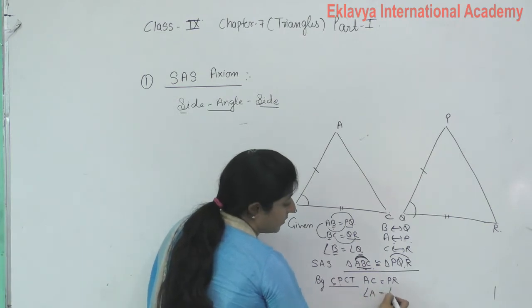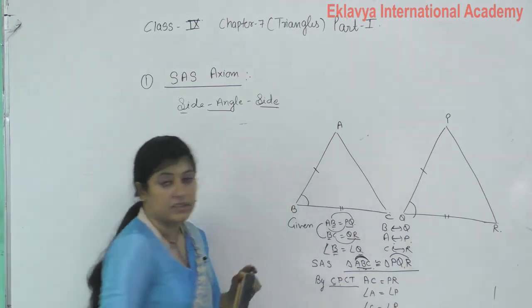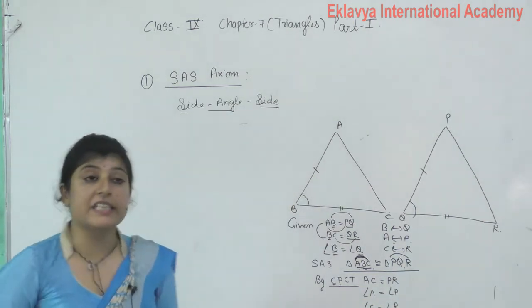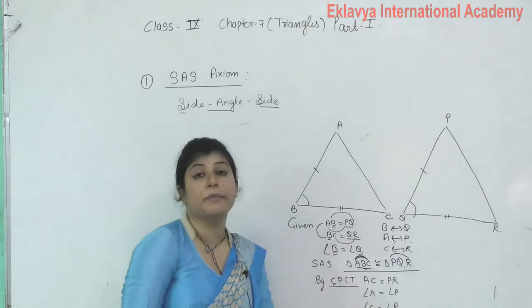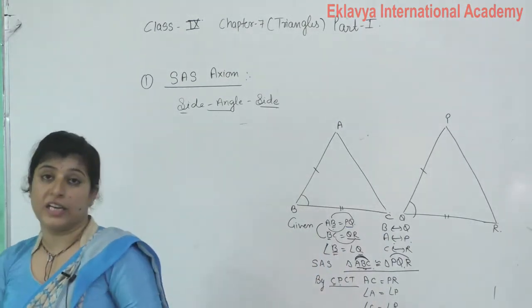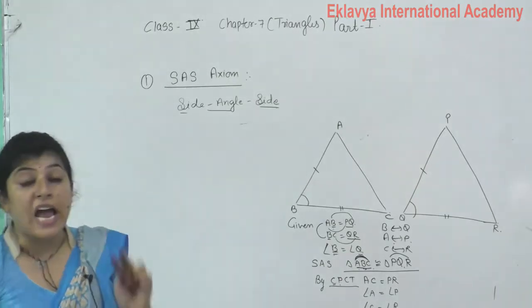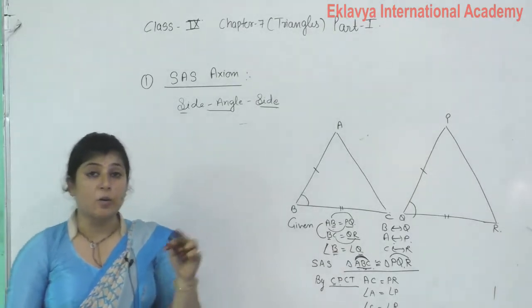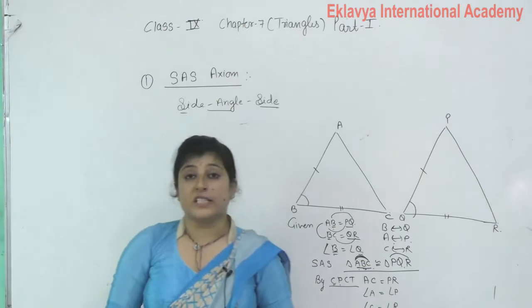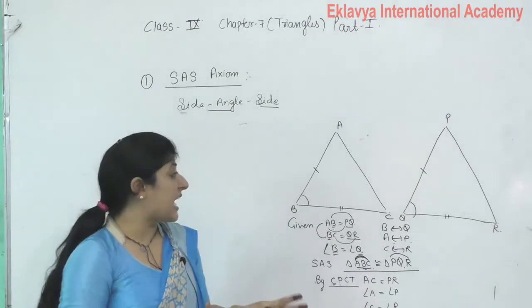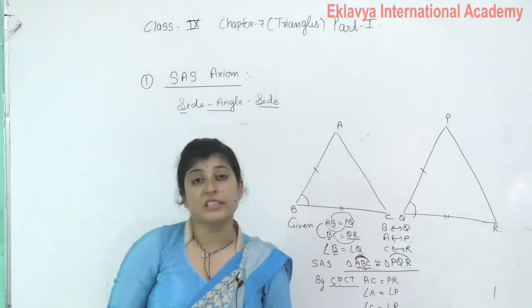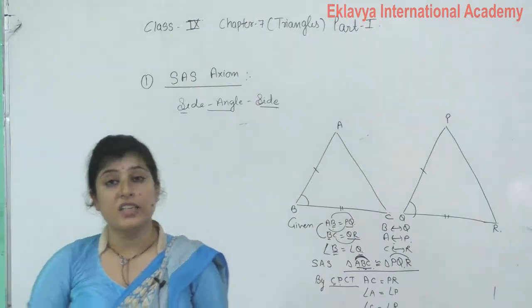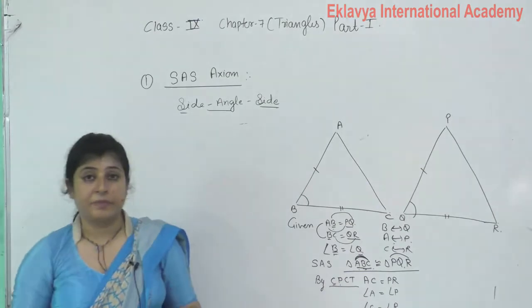Angle A is equal to angle P, angle C is equal to angle R. So by CPCT we can say the other three elements are also equal. It means if any two triangles are congruent, then always 6 elements of one triangle are equal to the 6 elements of the other triangle respectively.